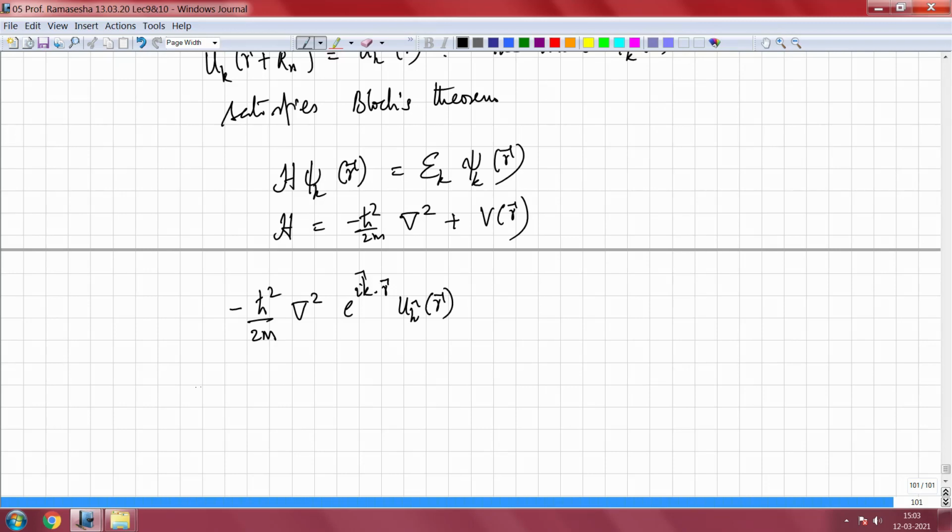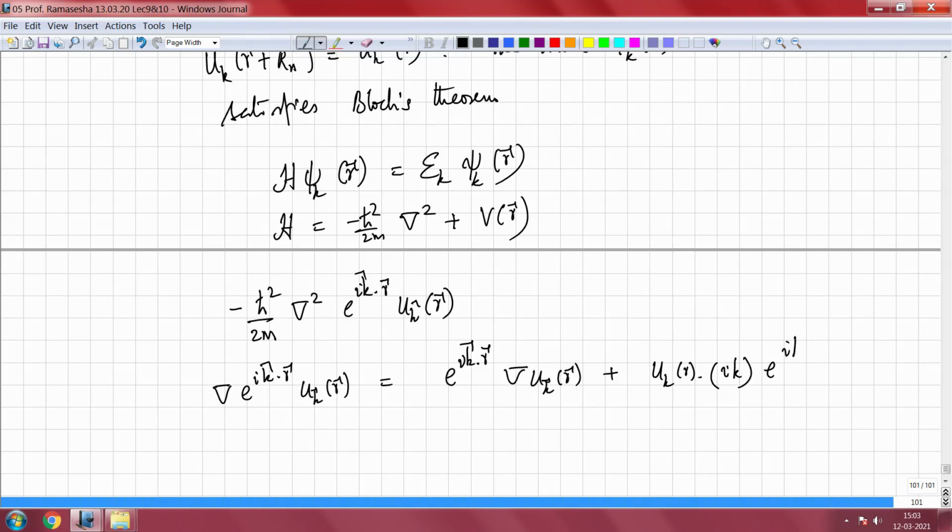Let me look at it this way: del operating upon e to the i k dot r u k of r gives me e to the i k dot r del u k of r plus u k of r i k e to the power i k dot r. Now, if I look at del squared operating upon e to the i k dot r u k of r, I will get del operating on this.